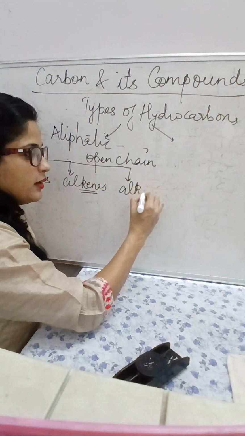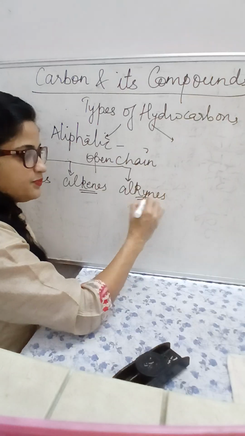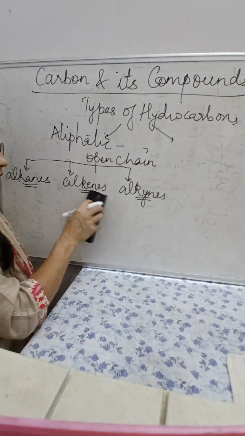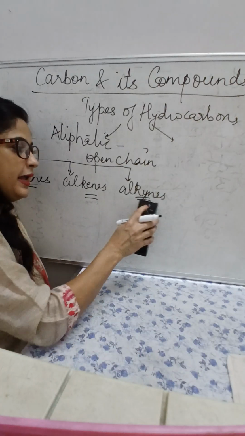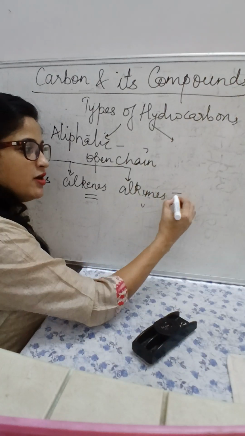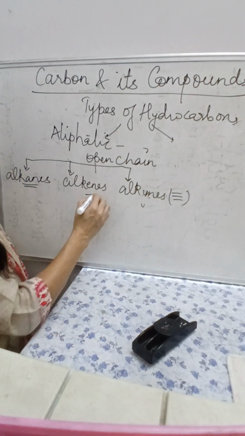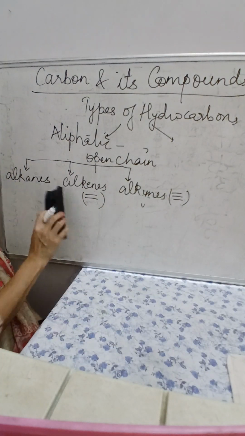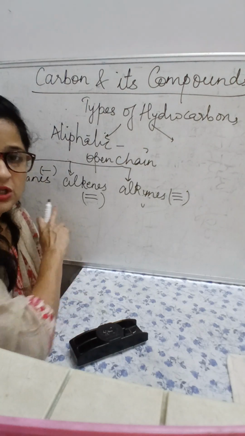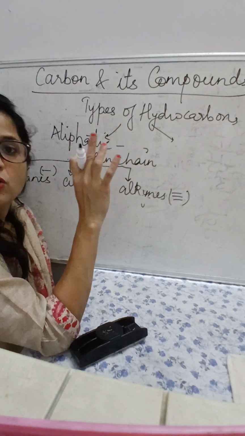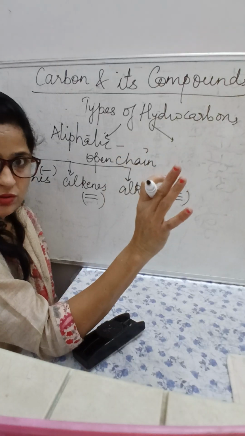And the third one is alkynes. In alkenes we have a double bond, I will show you like this. In alkynes we have a triple bond, and in alkanes we only have a single bond.